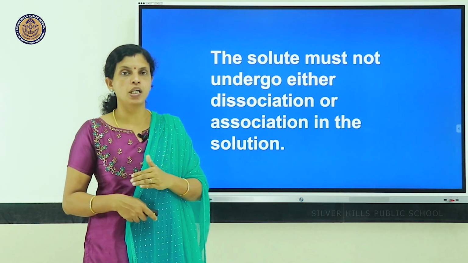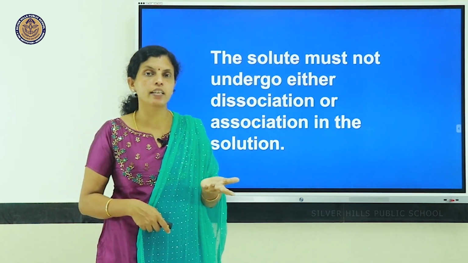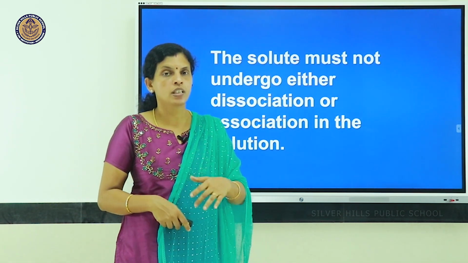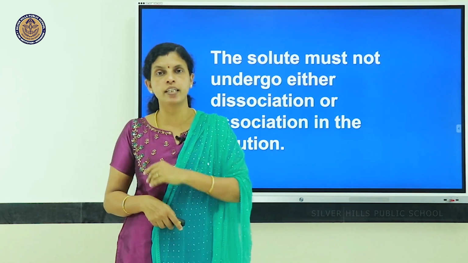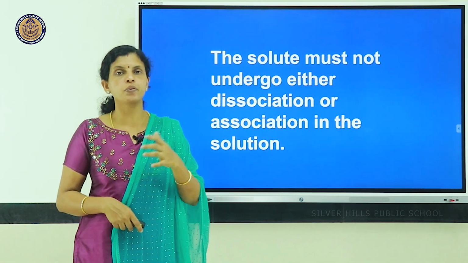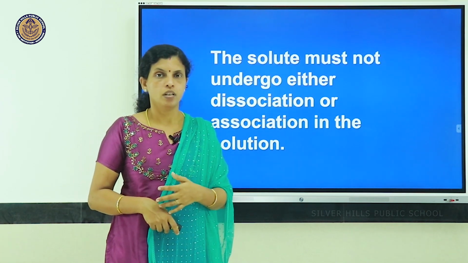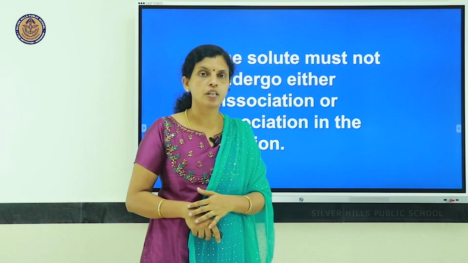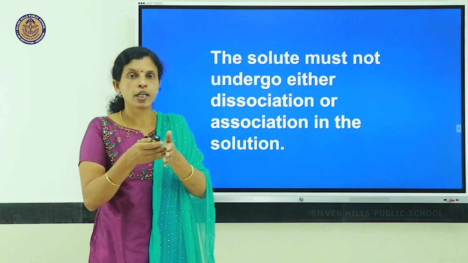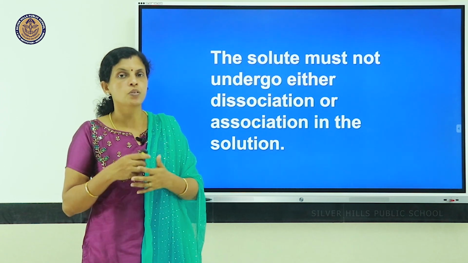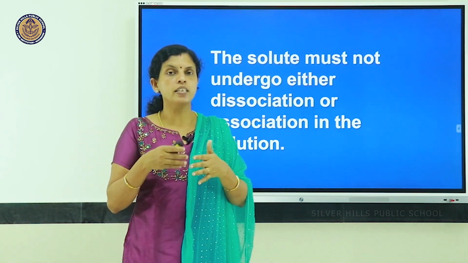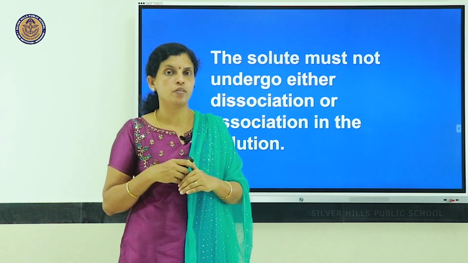If there is a dissociation, the number of particles in the solution is increasing. It gets converted to positive ions and negative ions, so the number of ions in the solution is increasing. And if it is association, the molecules get associated to form dimers, so the number of particles in the solution is decreasing.